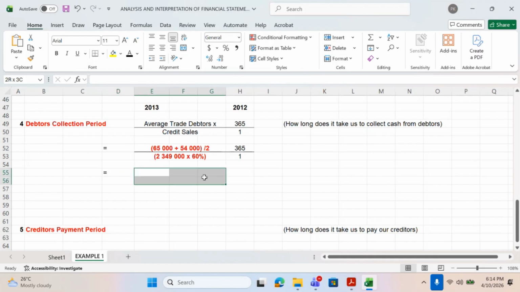Now, I want to see how much will be our trade debtors as the average there.